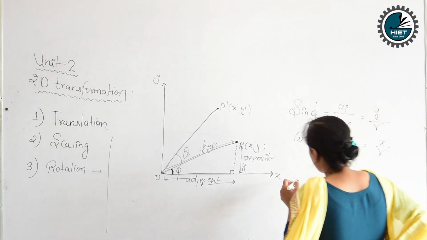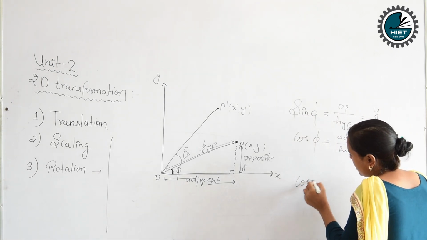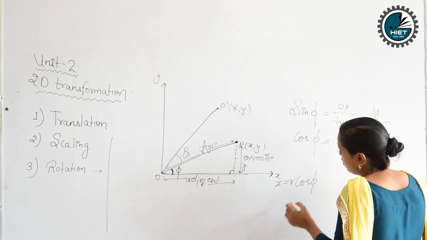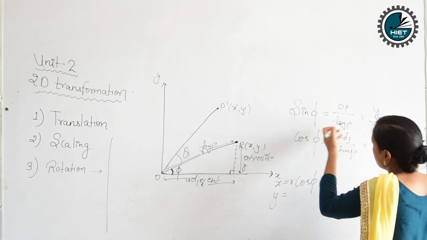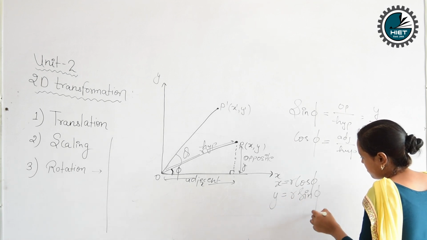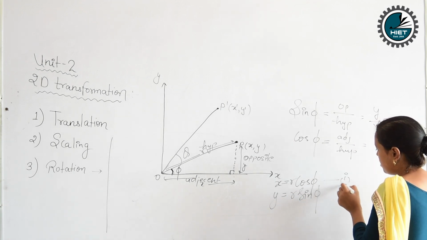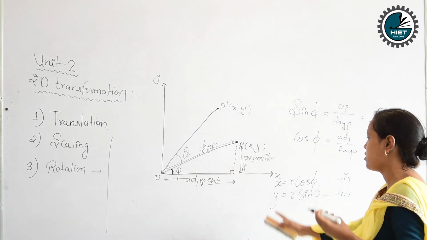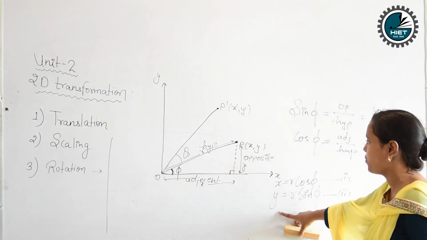So cos phi gives x equals r cos phi, and y equals r sine phi. Equation 1 and equation 2.